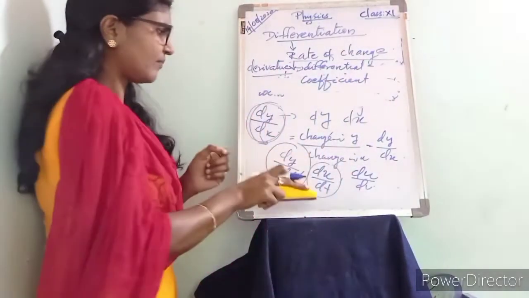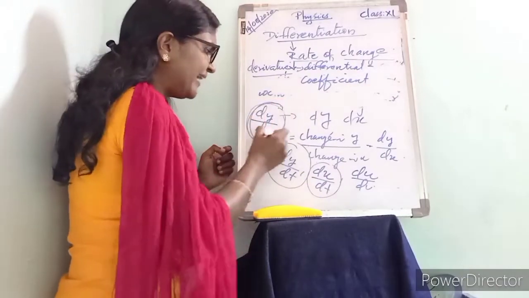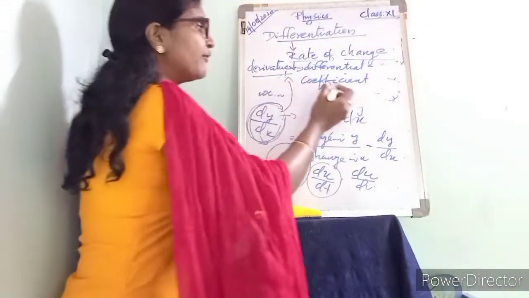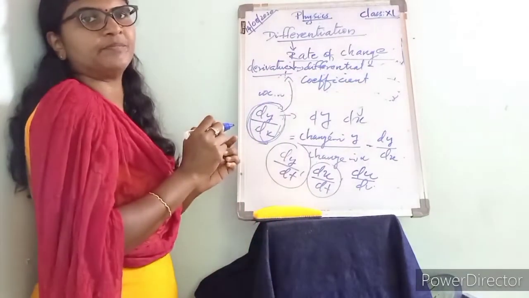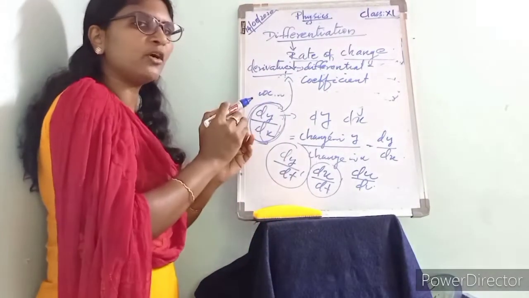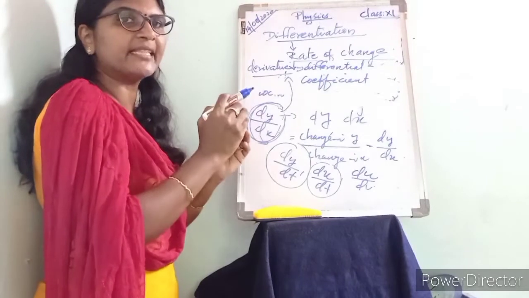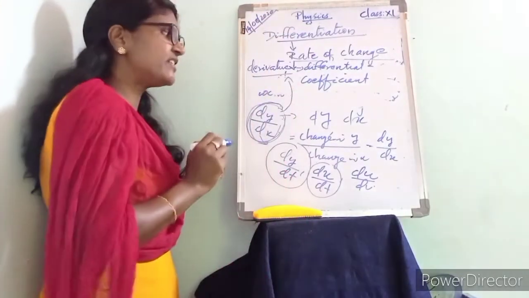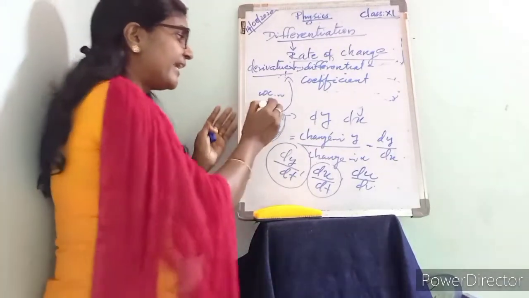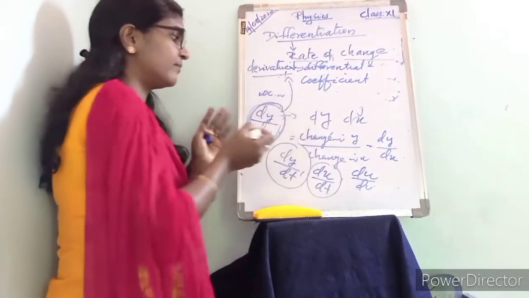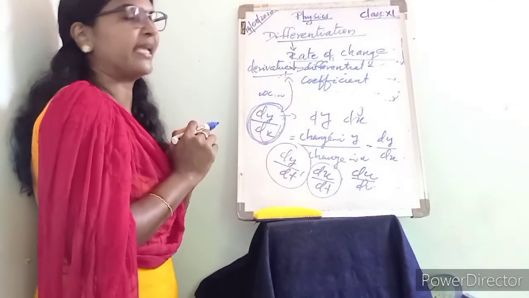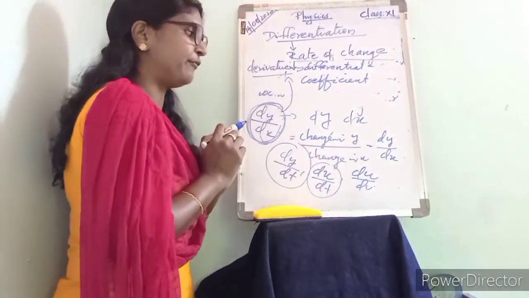Okay, here we got a ratio dy by dx which is called derivative or differential coefficient. The process of finding or measuring the rate of change is called differentiation, and that ratio is called derivative or differential coefficient.